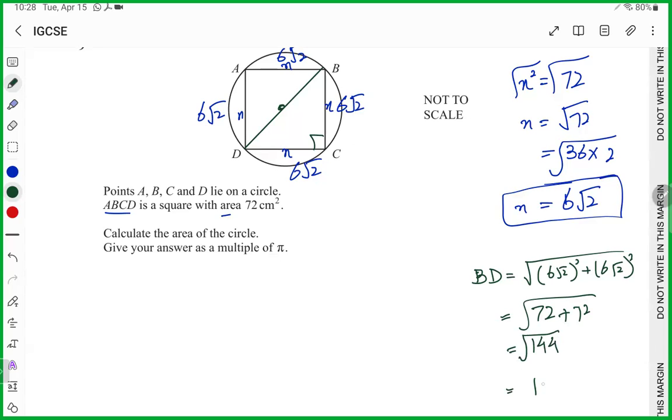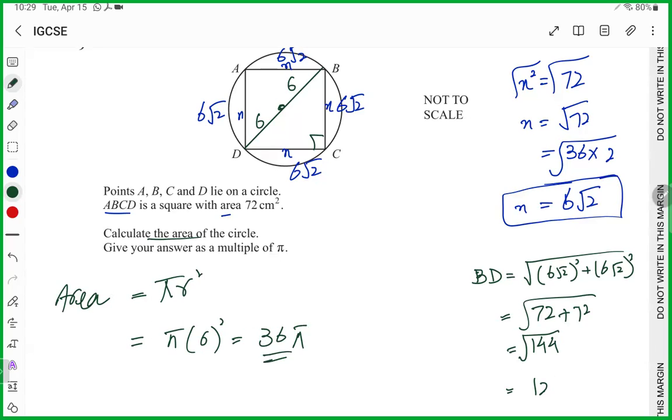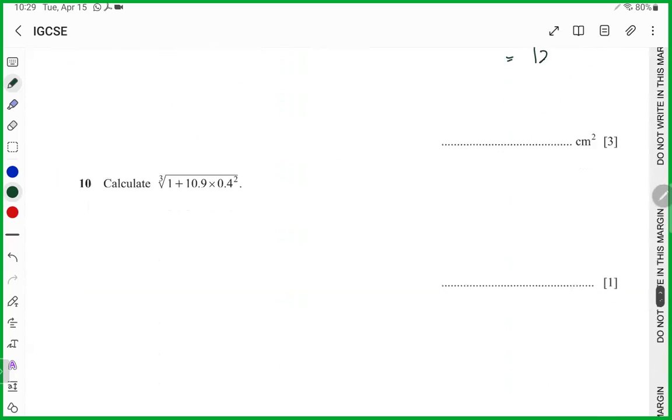That is equal to 12. So radius of this circle is 6. Calculate the area. So you would say area is equal to pi r square. So that's going to be pi into 6 square, that is equal to 36 pi centimeter square. No, sorry, that is the area of the circle.